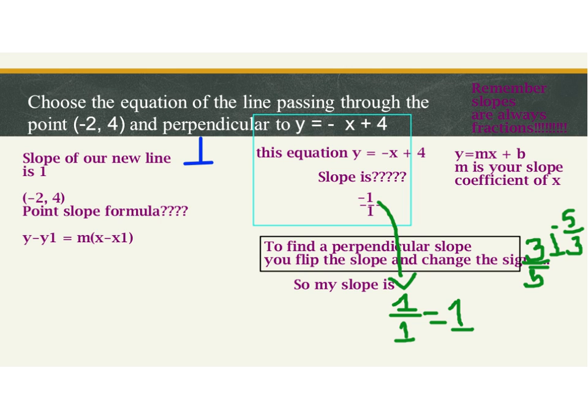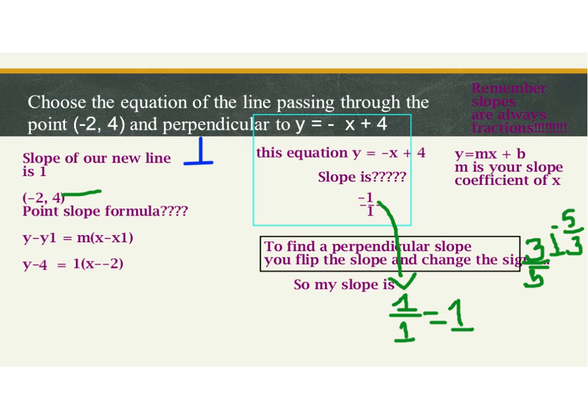Our y minus, you use the y, and the y1 is that point that you were given. So you say y minus 4 equals, then your slope we said was 1, times parentheses, x minus -2, because your 2 is negative.